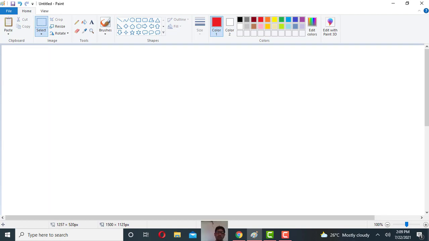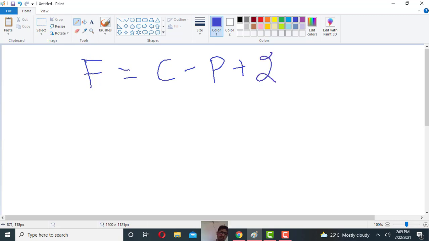Now what is the formula for the degree of freedom analysis? The formula is F is equal to C minus P plus 2, and this equation shows the degree of freedom analysis.